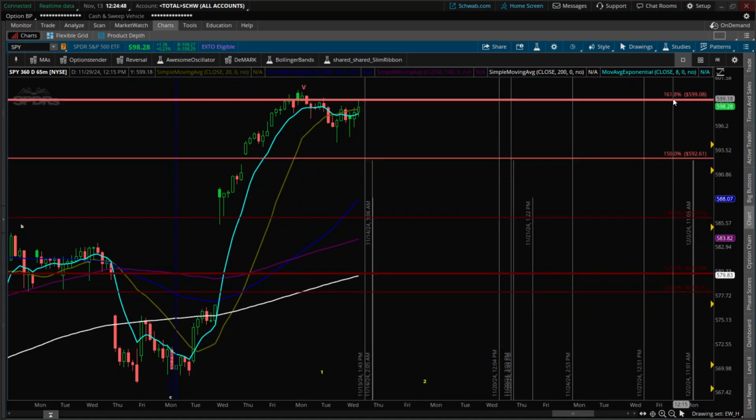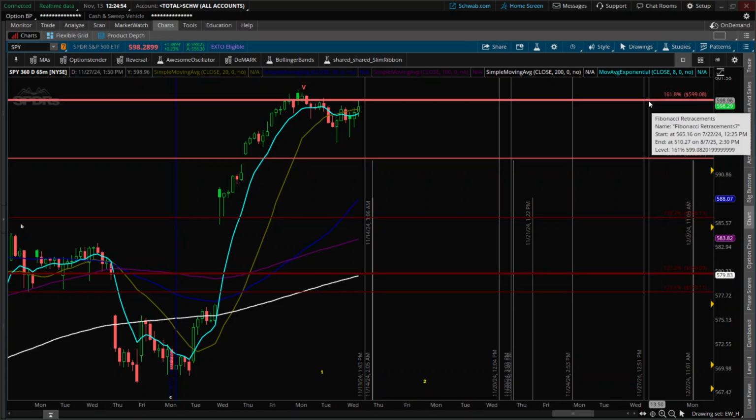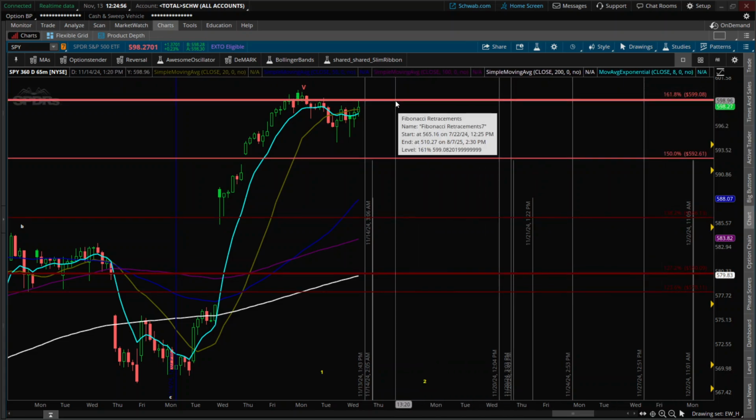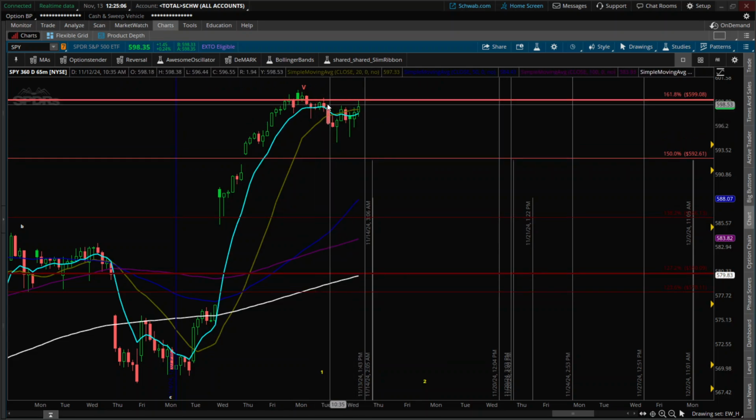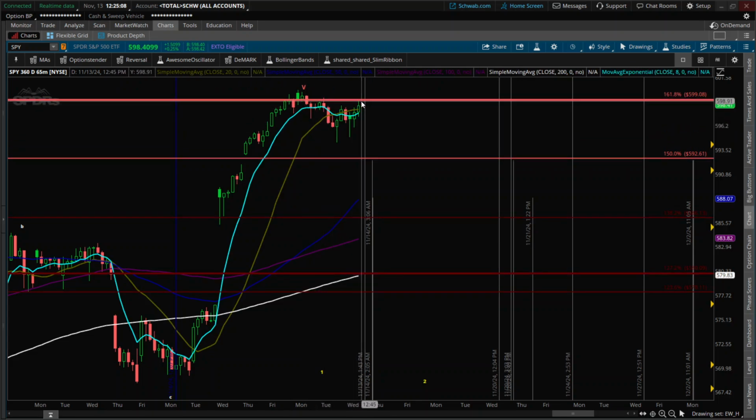So you see what it was. We had this 162% retracement from our previous larger correction. And that was the last target, the last thing that we have available for this market to reject off of. And all we did today was test back to that.